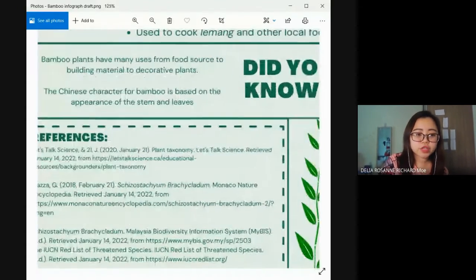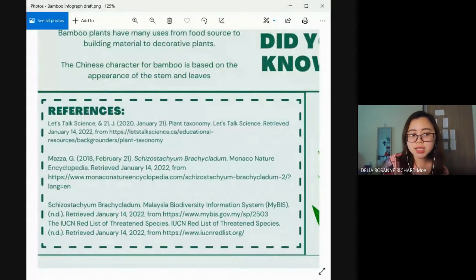And then for references, as you can see in this example, there are 4 references in APA citation format. APA 7 edition, which is the same thing that I asked you to use last semester. If you send me your draft, I will comment on the references as well.